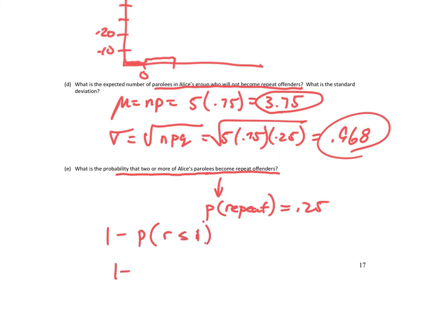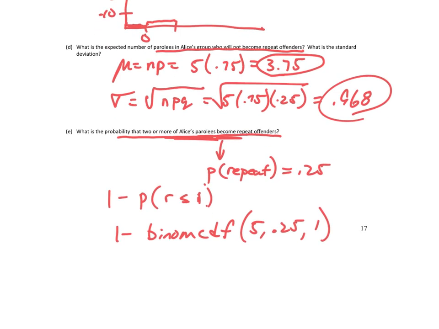So that's 1 minus binomcdf(5, 0.25, 1), using 0.25 now because I changed it to become repeat offenders. And this equals 0.367. There's a 36.7% chance that 2 or more of hers become repeat offenders.